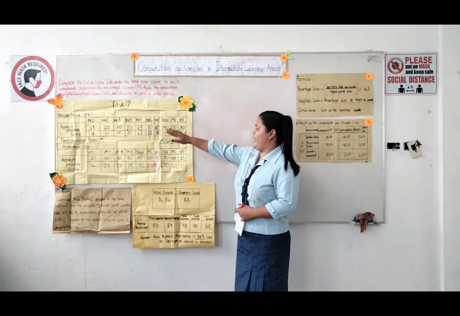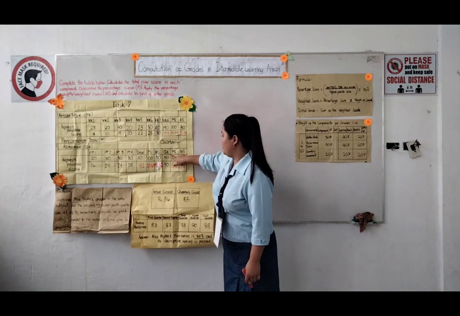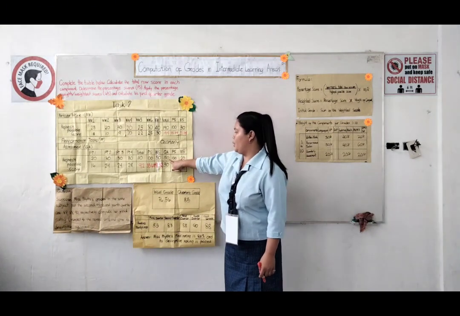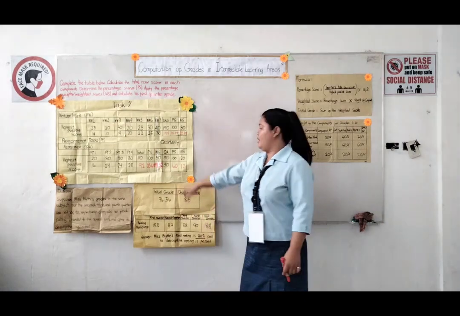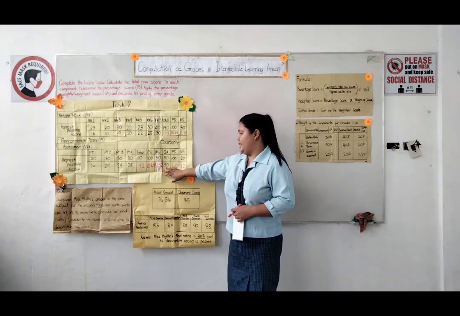Next, we have here the quarterly assessment. The highest possible score of this is 50, and Miss Flat got 30.